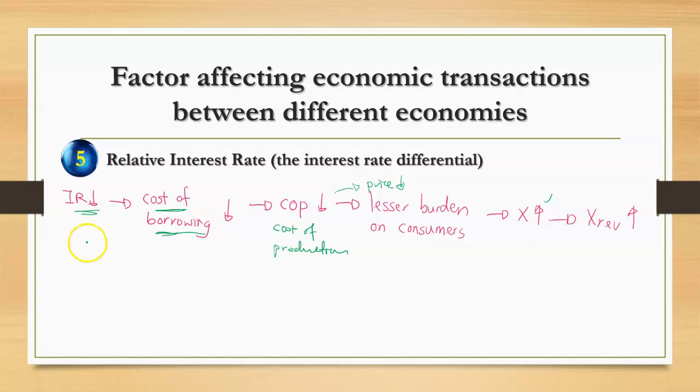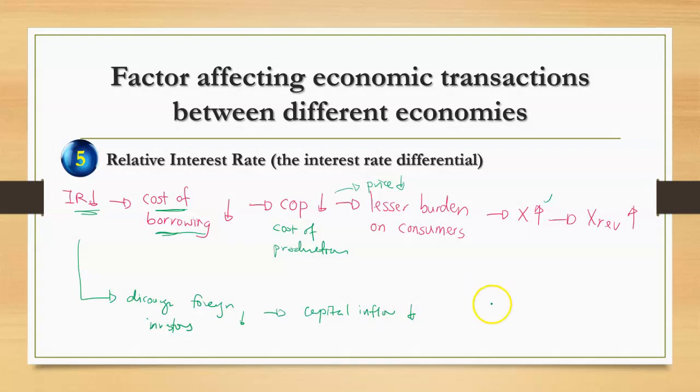And not only that, if our interest rate is lower, then the difference between our interest rate and the rest of the world would also be lower. It will actually discourage foreign investors from coming in. So in that case, capital inflow would be lower. Now what does that mean?